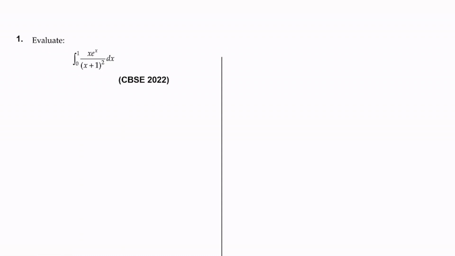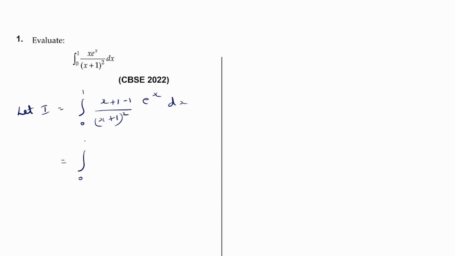Evaluate integral 0 to 1 x e raised to x upon (x plus 1) the whole square dx. So here let I be the given integral. Let I be equal to integral 0 to 1 x e raised to x upon (x plus 1) the whole square dx. In the numerator let us add and subtract 1.